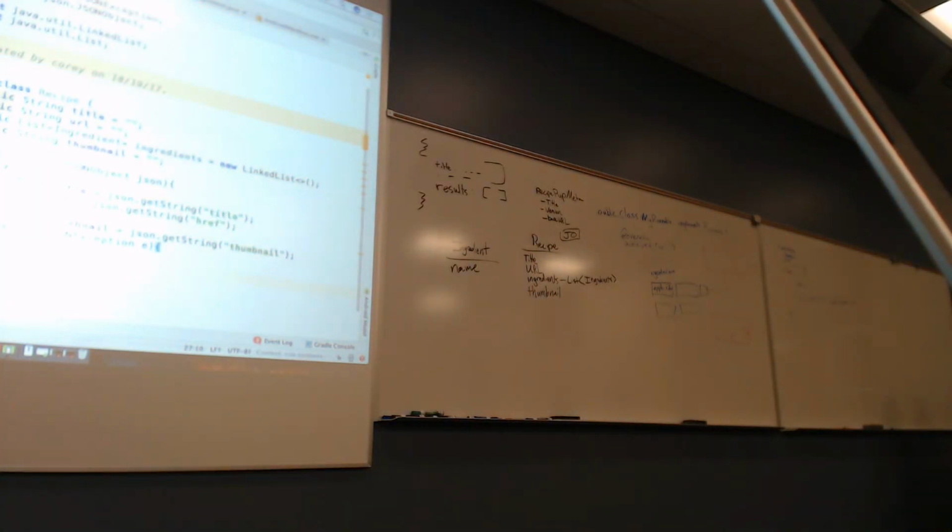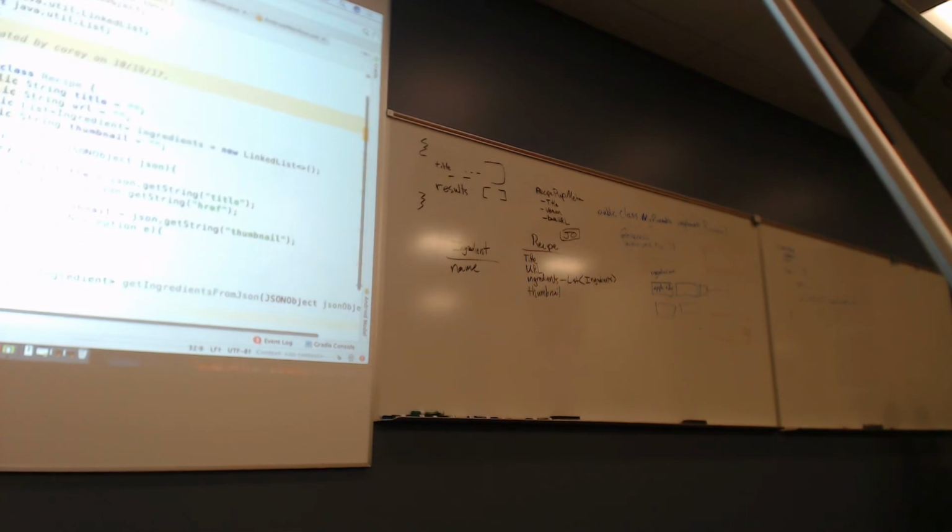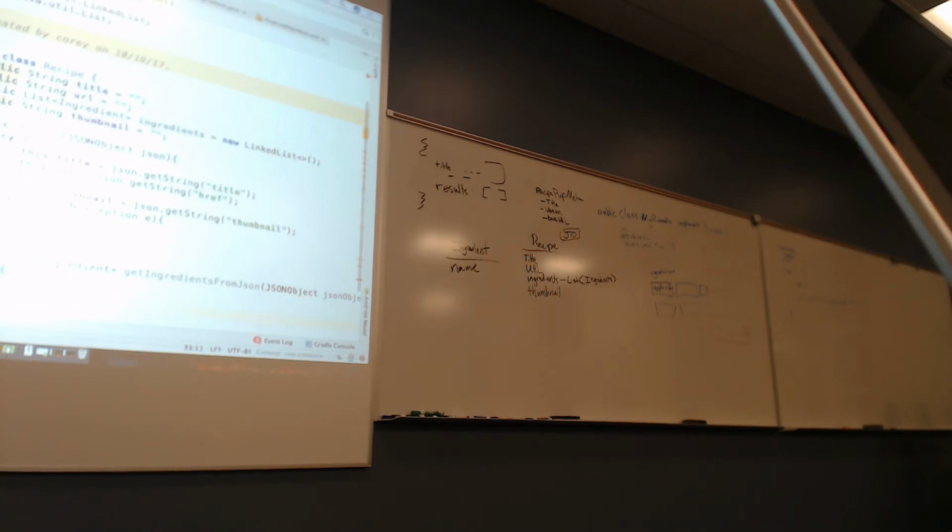Okay, and then for our ingredients, we can actually do this private. We're going to return a list of ingredients, and we'll do get ingredients from JSON. So you have to split it by commas. Yeah, that's on the right track. First, we go try catch.